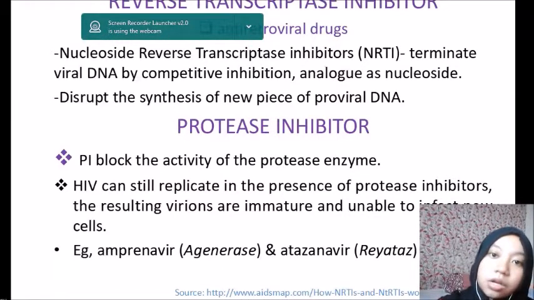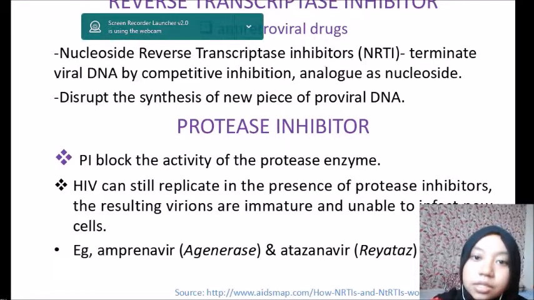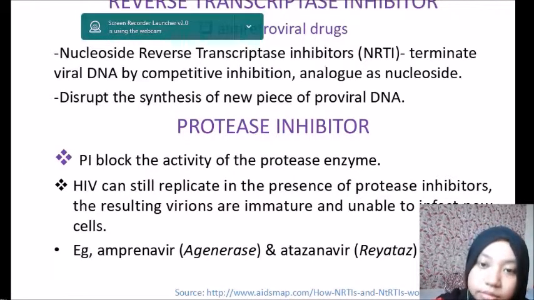Because the analog nucleoside has a different structure from the natural nucleoside, when it binds to continue the DNA chain, it does not form a chemical bond, so reverse transcription cannot happen.